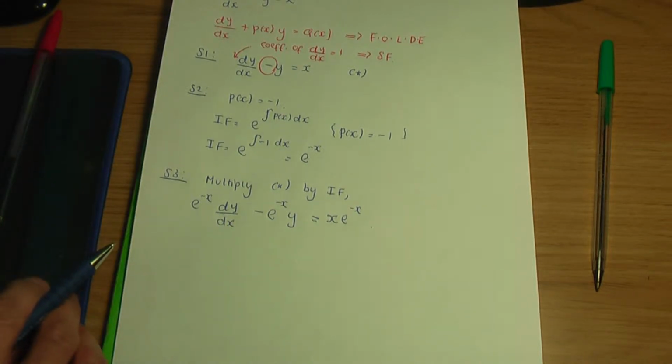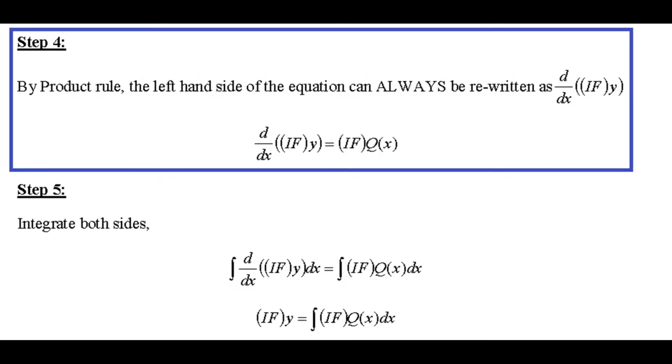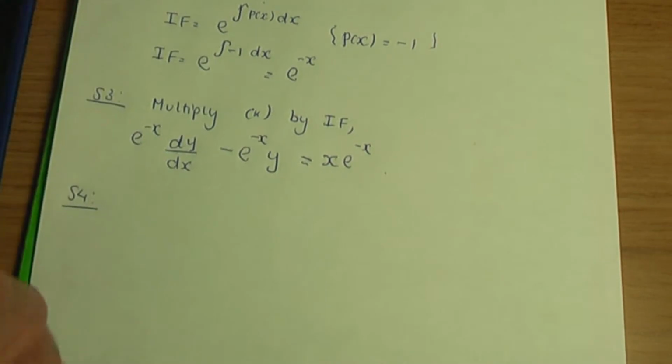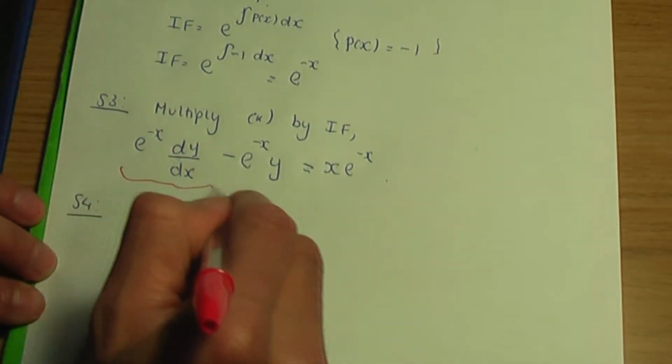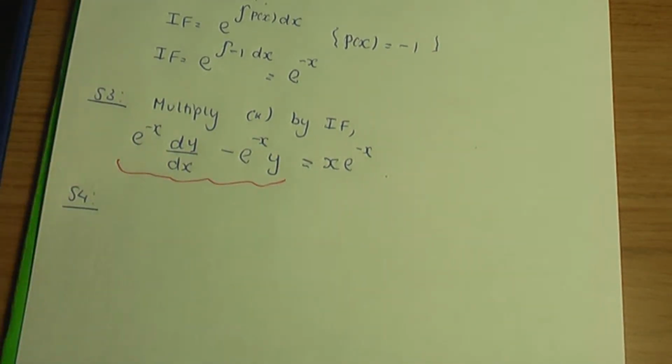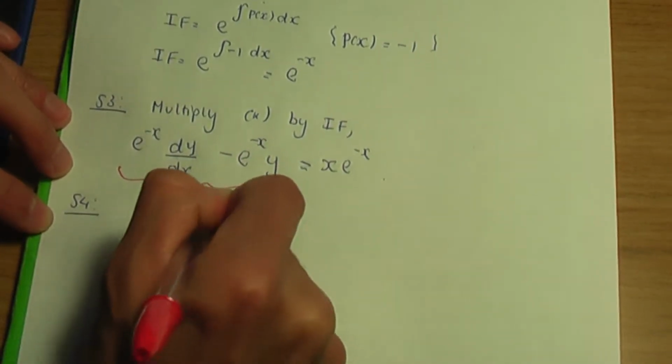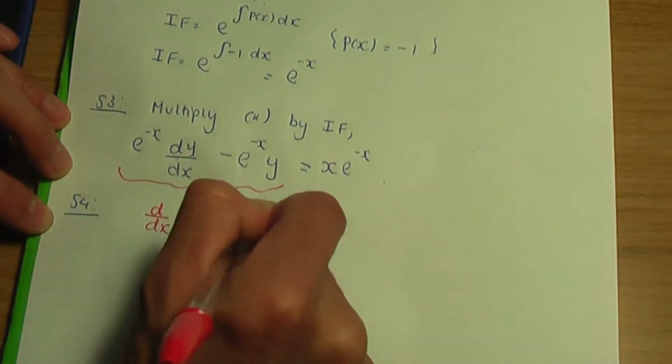Now, back to the screenshot. In step number 4, by the product rule, and this is always the case, the left-hand side of the equation can always be rewritten as d by dx of IF y. So, back to the paper and pen. So, here is step number 4. So, this entire left-hand term of your equation can be rewritten as d by dx of IF times y.